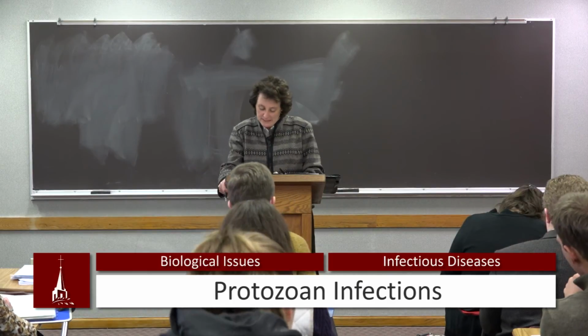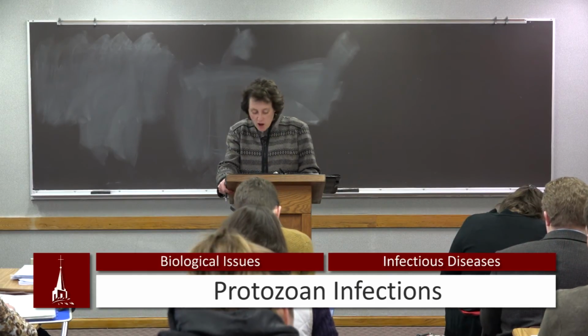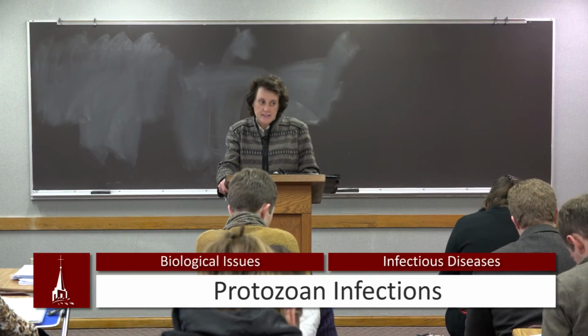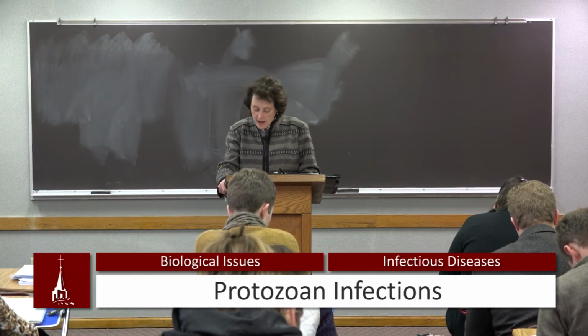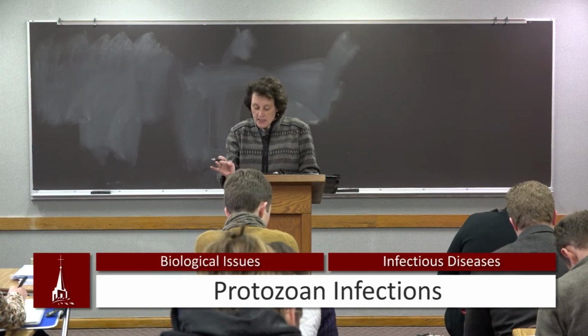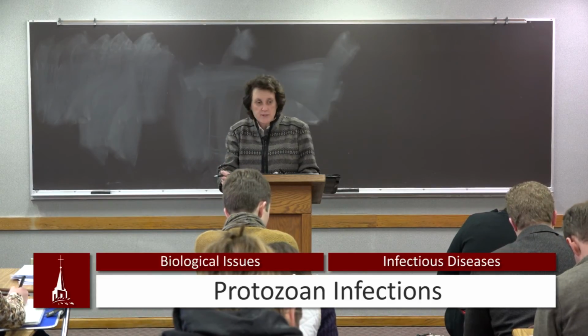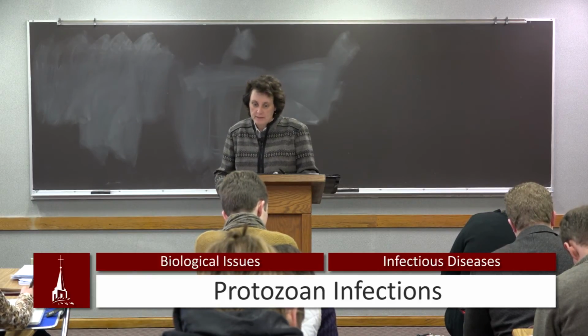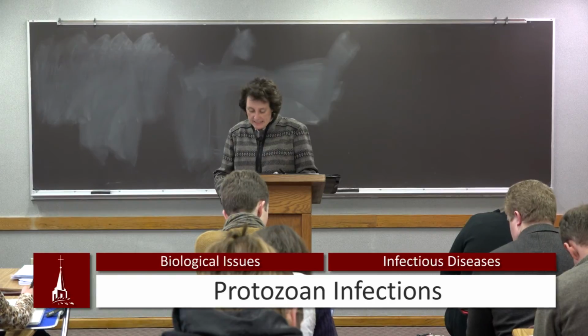Malaria, first of all, is a protozoan infection caused not by a bacteria, not by a virus, but by a protozoan. This is a much larger, more complex cell. The species is called Plasmodia. So we have various kinds.